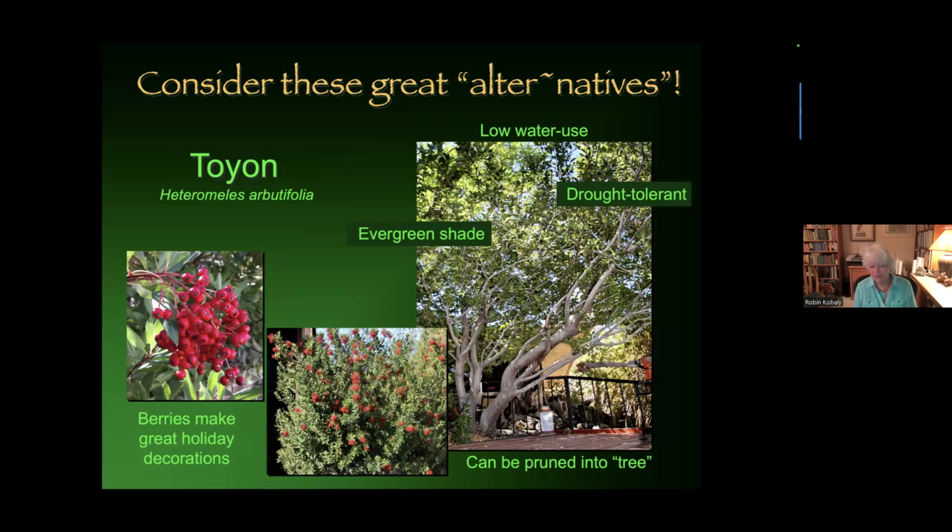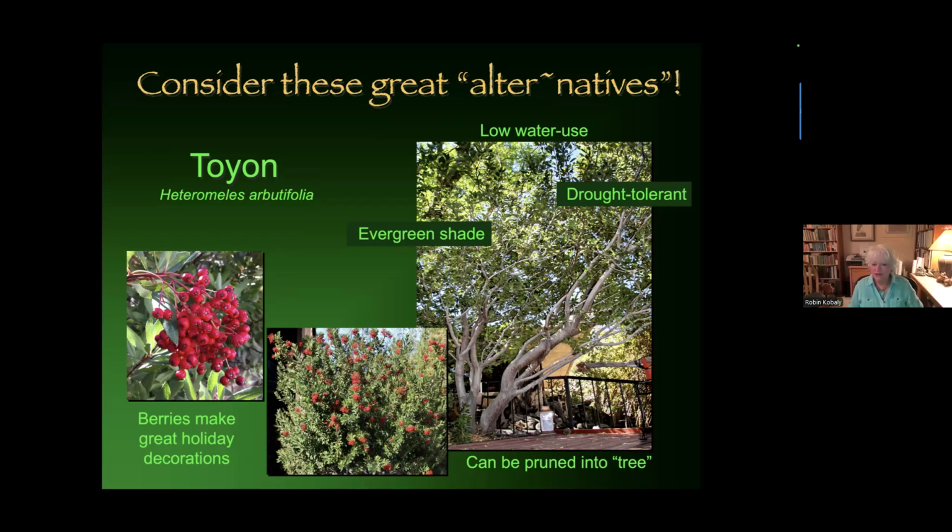And I love toyon so much. The one pictured here in our yard, we've pruned up to make it more of a tree, because again, it branches at ground level, so it's a shrub, but you can prune it up to make it think it's a tree. And we've done that over one of our decks here.